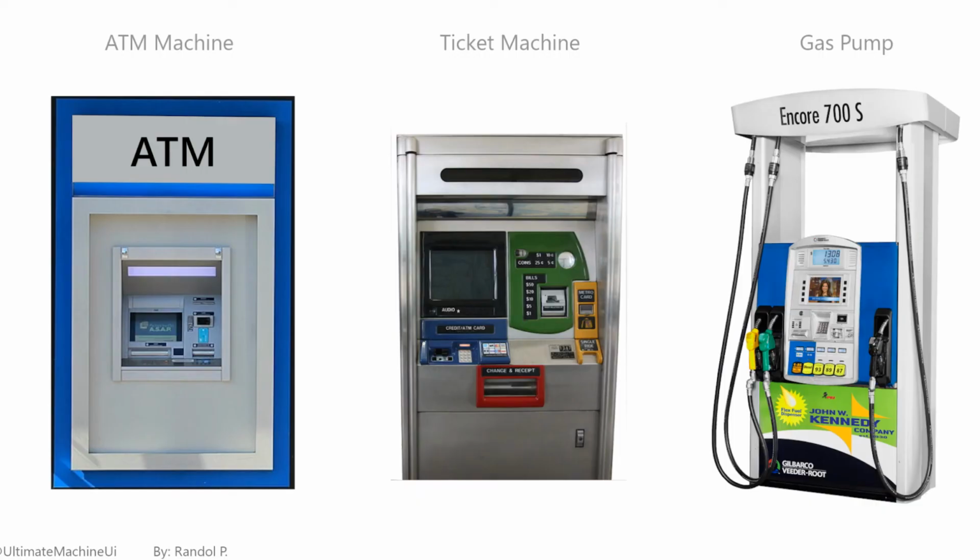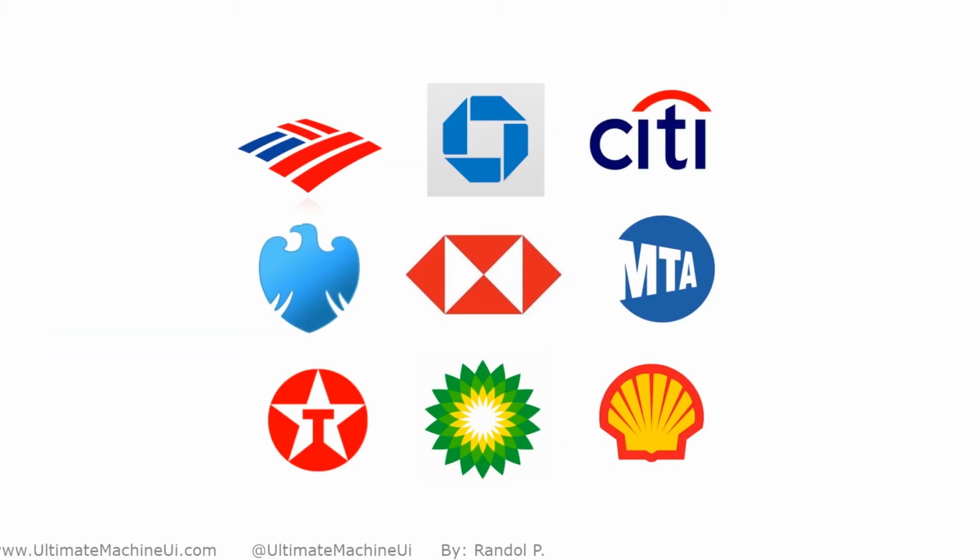Humans naturally understand this pattern, and this is one reason why graphical user interfaces that have linear flow user experience are some of the most friendly graphical user interfaces out there. And this is why self-service machines and mobile applications of financial, transportation, and oil and gas institutions should consider using graphical user interfaces with linear flow user experience.